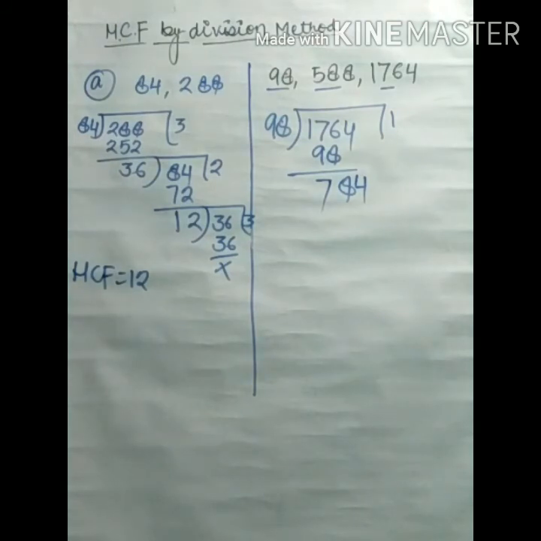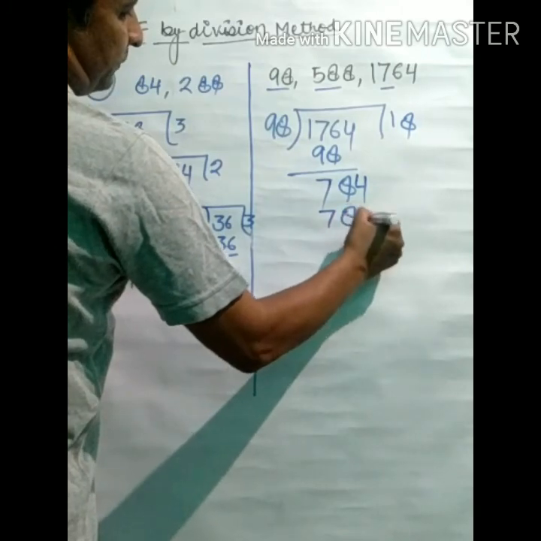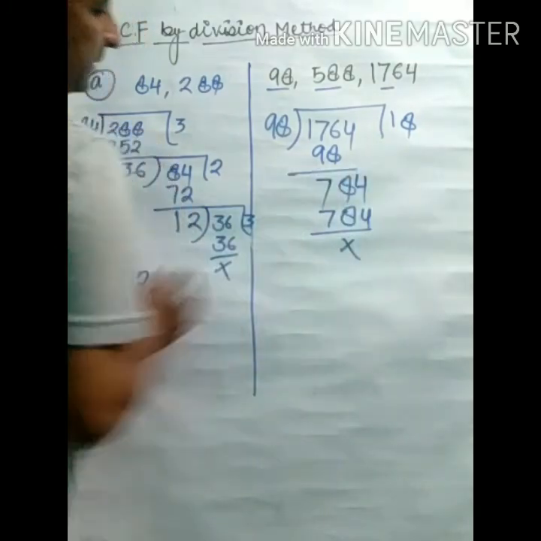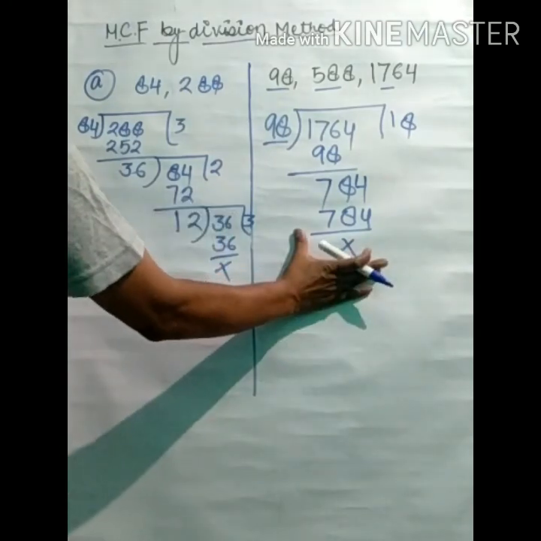Now 98 divides 784. It will go 8 times, 7 8s are 784. Now the division completes by 98.